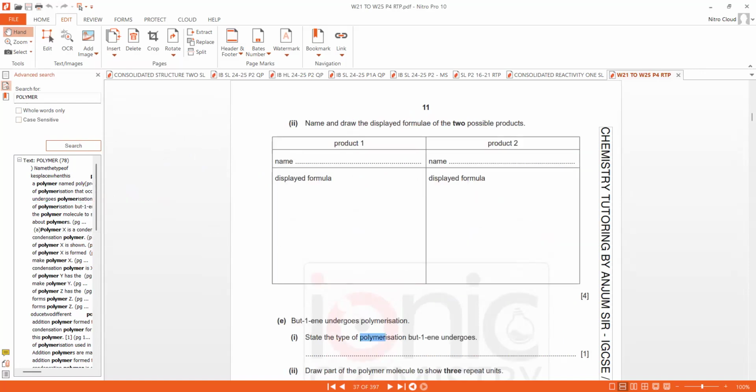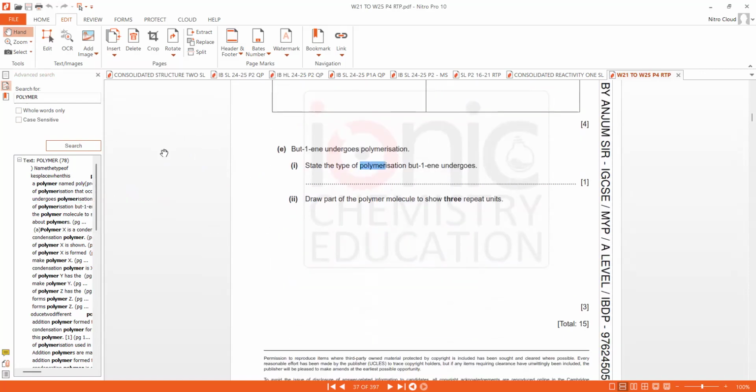Okay, now but-1-ene, polymer of but-1-ene. Okay, first I will draw but-1-ene in the normal structure. But, 4 carbon atoms, 1-ene means double bond with carbon number 1. Two carbon atoms here double bond. Write down there a single bond.